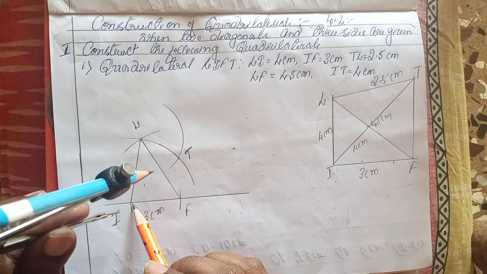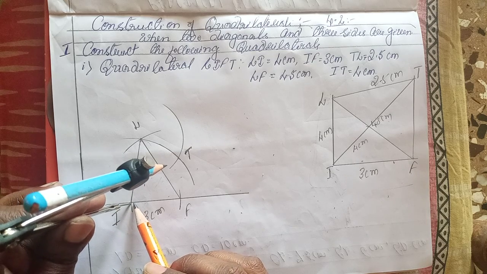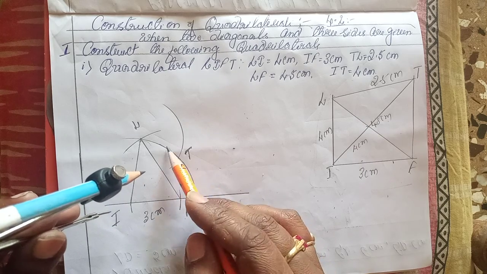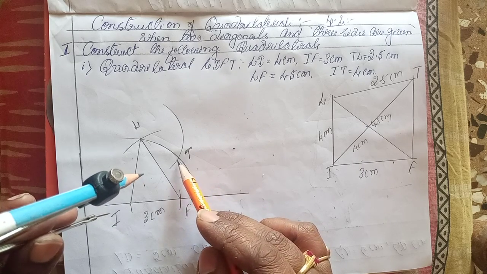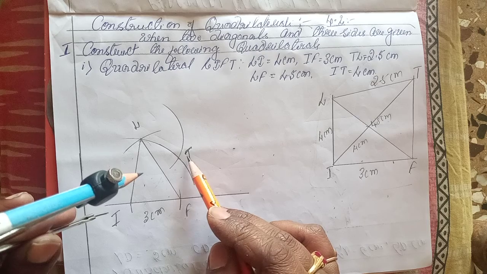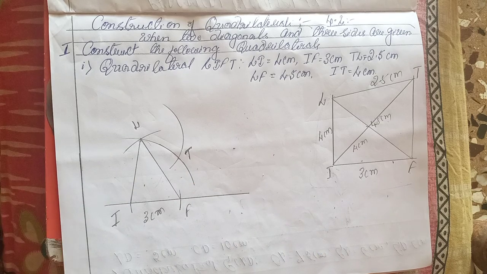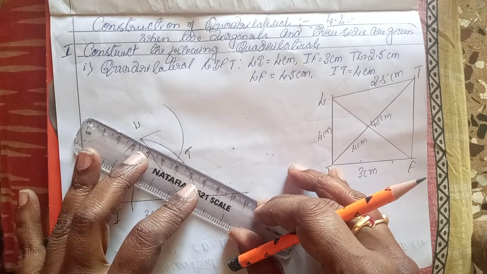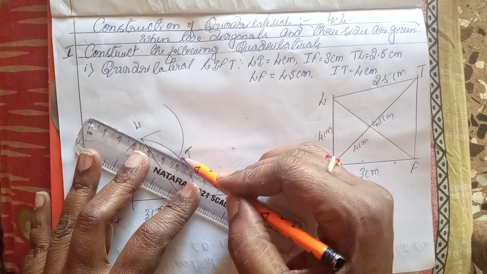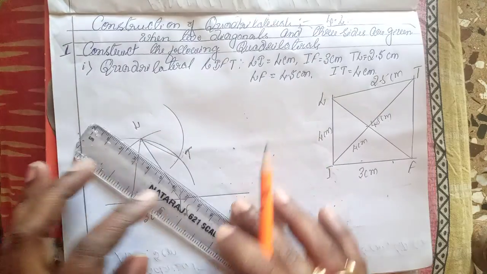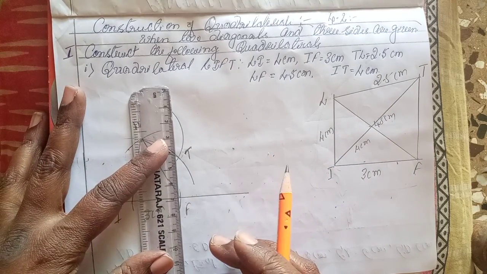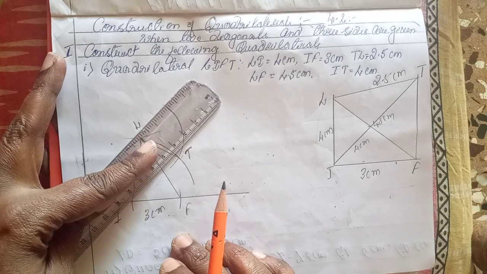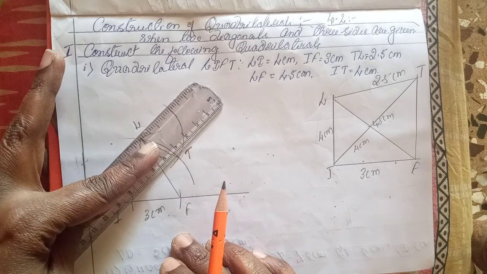After that, with the radius of 4.5 centimeter, we cut the same arc like this. The point of intersection of those two curves is T. Now join LT and FT. First we are joining the diagonal and that curve.